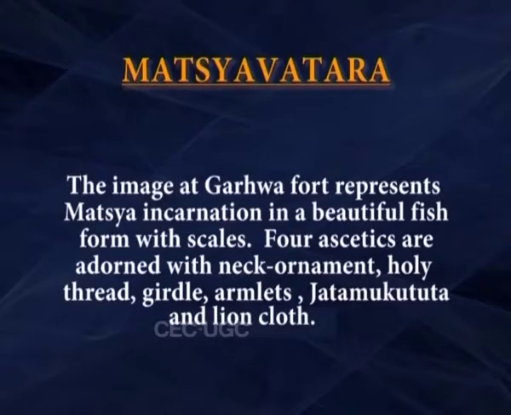The image at Garva fort represents the Matsya incarnation in a beautiful fish form with scales. Four ascetics are adorned with neck ornament, holy thread, girdle, armlets, jatamukta and loincloth. They are standing in Samabhanga posture.